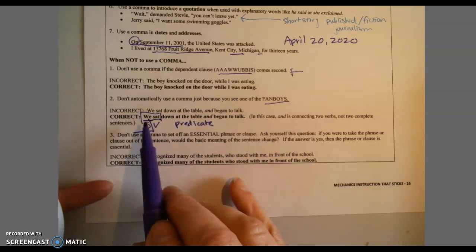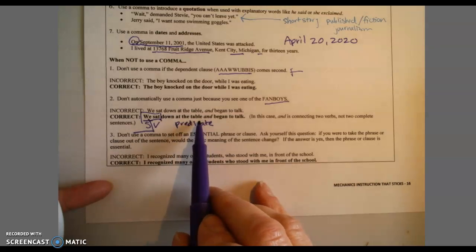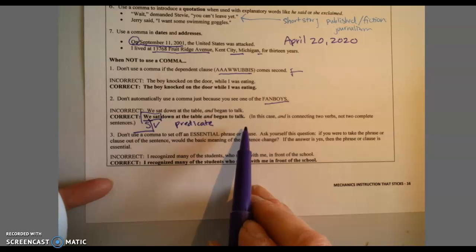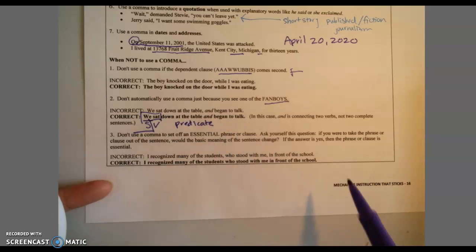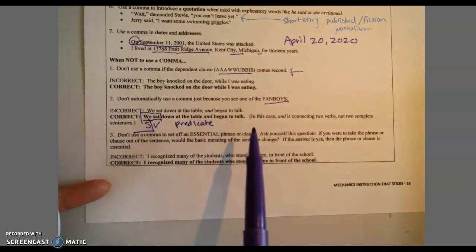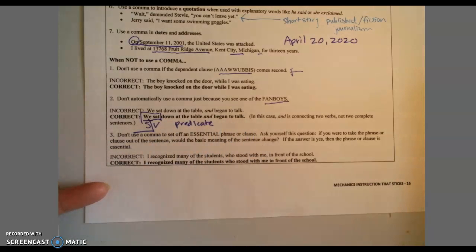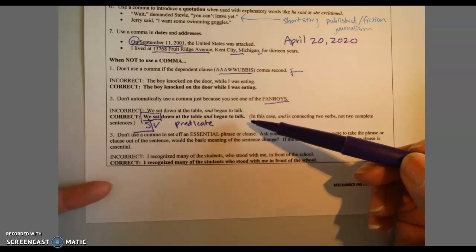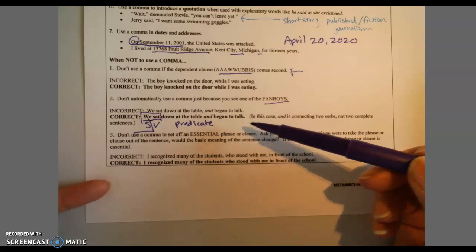You could say, we sat down at the table, we sat and began to talk, or we began to talk, right? But whoever the author of this was, decided to make it a compound predicate just because it's a little more interesting. Instead of saying, we sat down, we began to talk, they made it one sentence. We sat down at the table and began to talk. Okay, so it's a compound predicate, not two compound sentences.